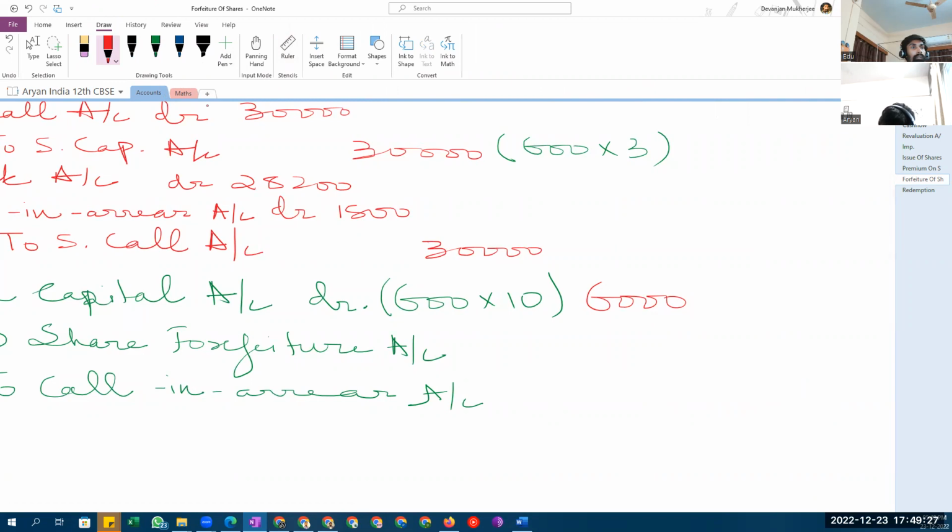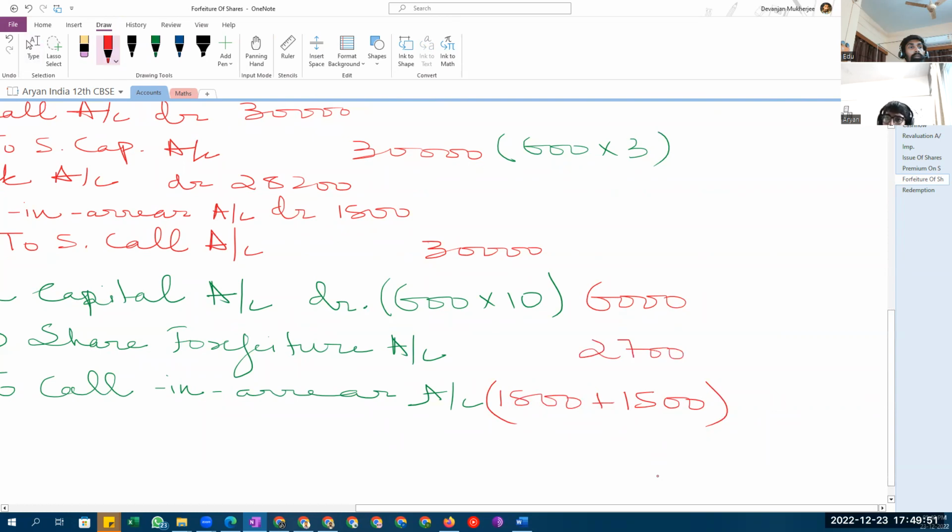So this is 3,300. And this one, share forfeiture, 2,700. So that's pretty much the idea.